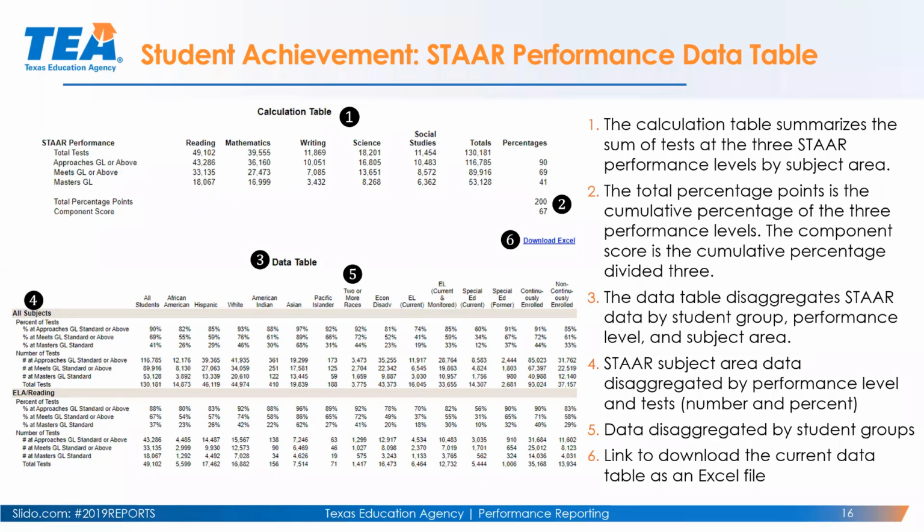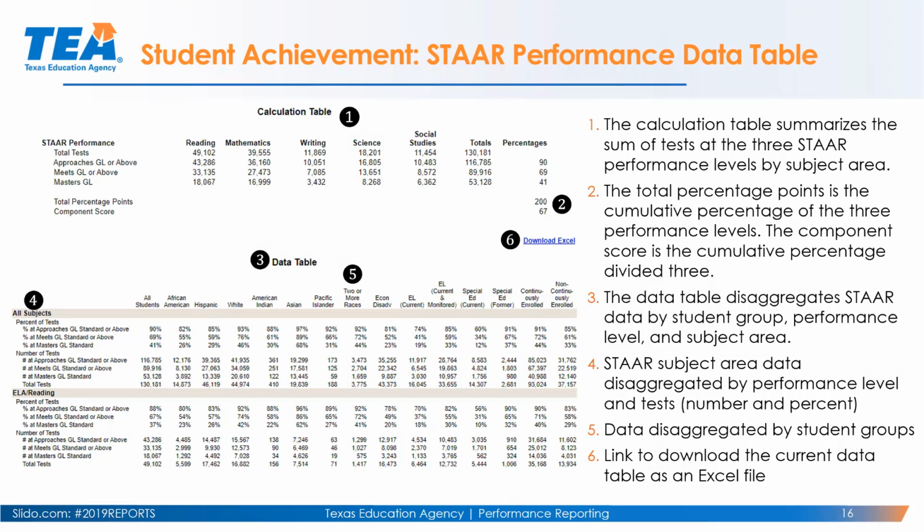Additionally, I see 39,555 total mathematics STAAR assessments administered at this particular district. So if I go left to right on totals, I see a total count of all STAAR tests given, a sum of all subject areas, which is 130,181. That is total STAAR tests administered at this particular district.